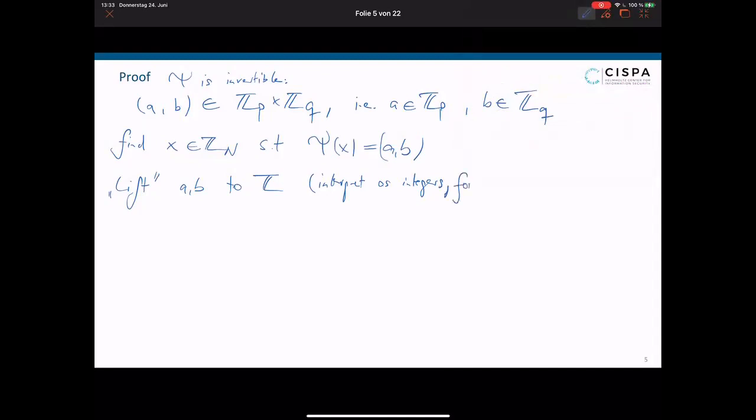Forget that we need to do modular reductions for a moment. Okay, so now I'm telling you one thing, P and Q are coprime.